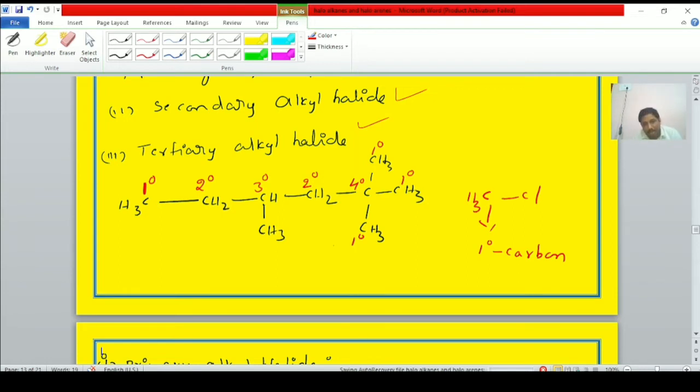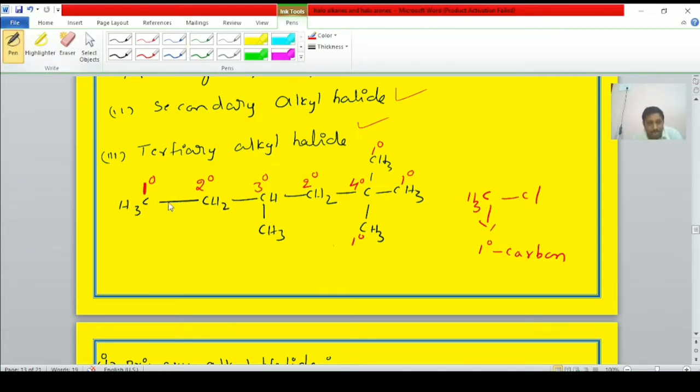If the carbon atom is bonded to two other carbons, it is known as a secondary carbon. If the carbon atom is bonded to three carbons, it is known as a tertiary carbon. If the carbon atom is bonded to four carbons, it is known as a quaternary carbon atom.